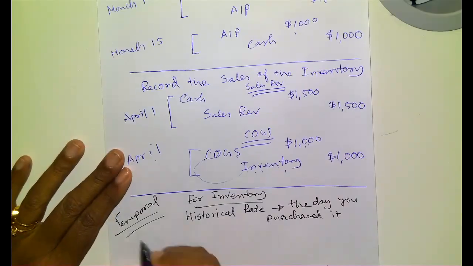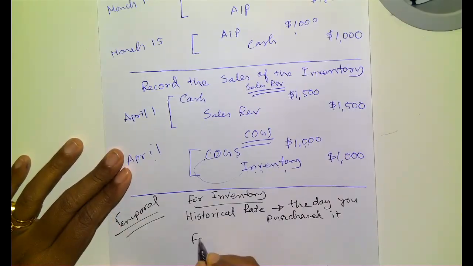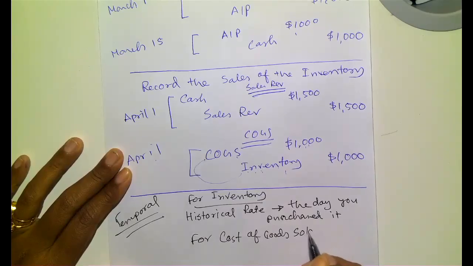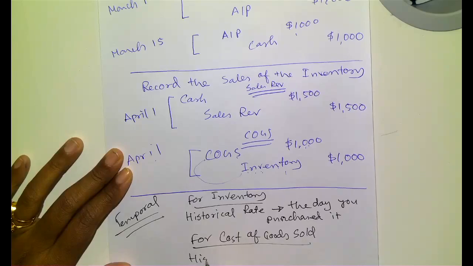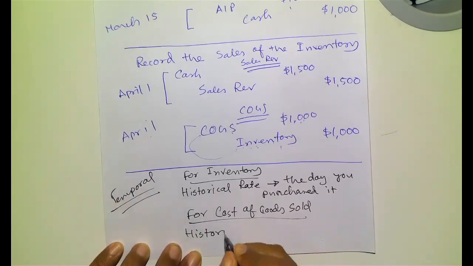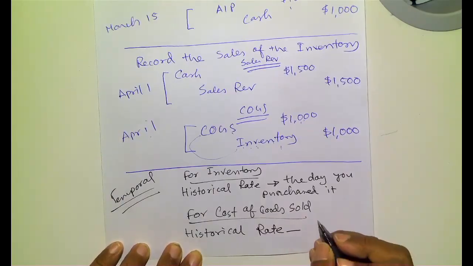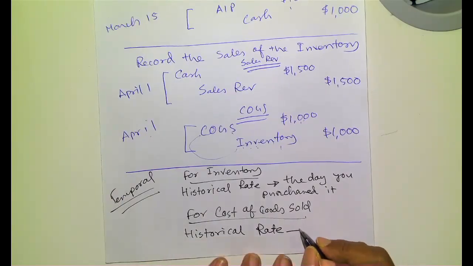For cost of goods sold, all are for temporal. For cost of goods sold, it is the same. Historical rate means not when you sold the inventory.